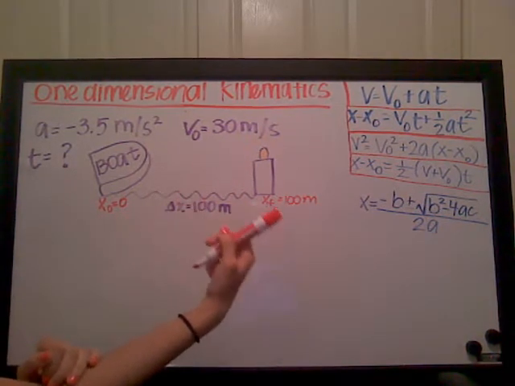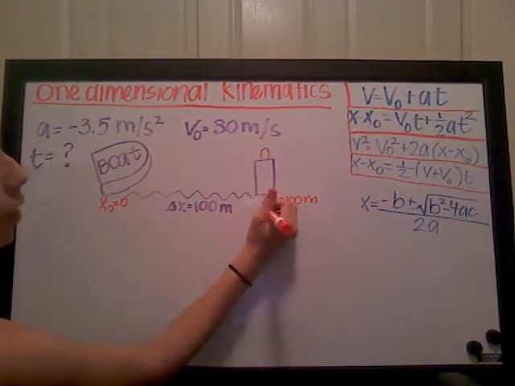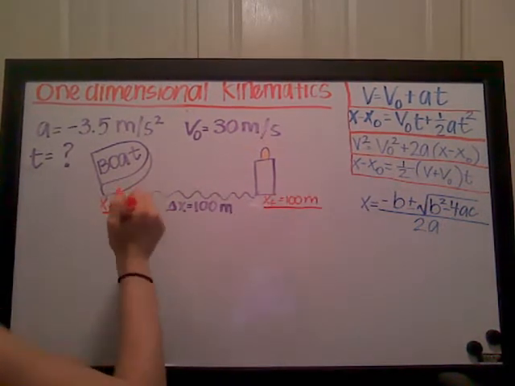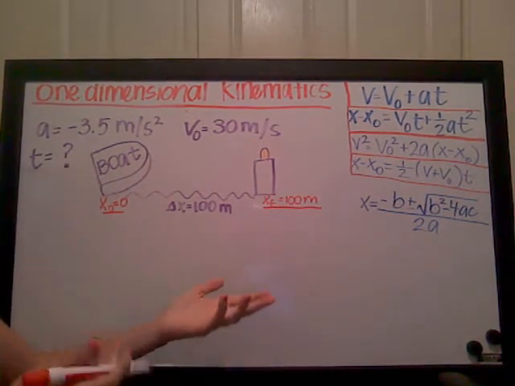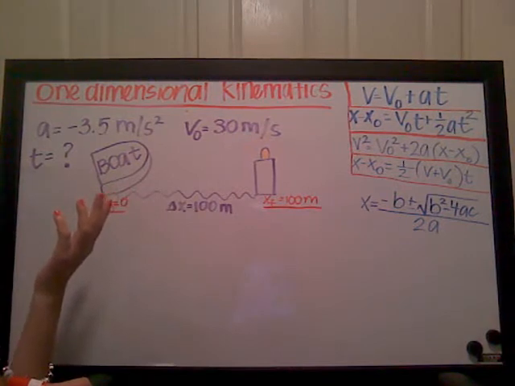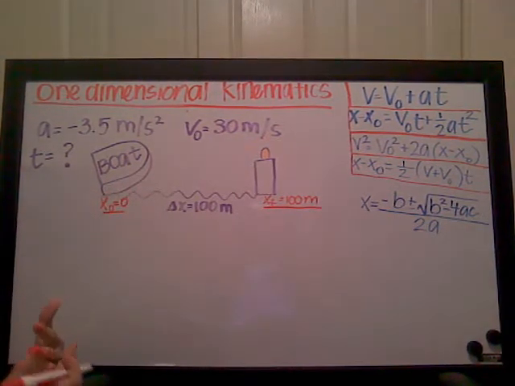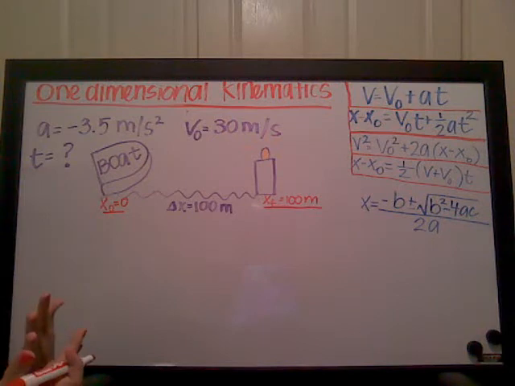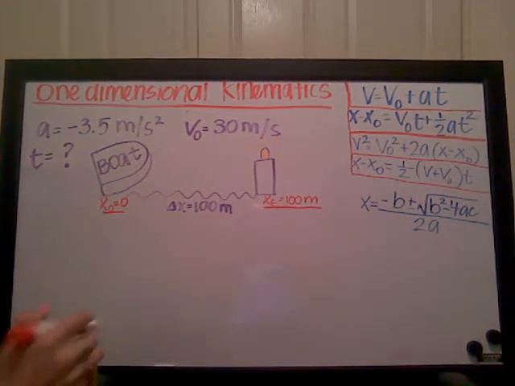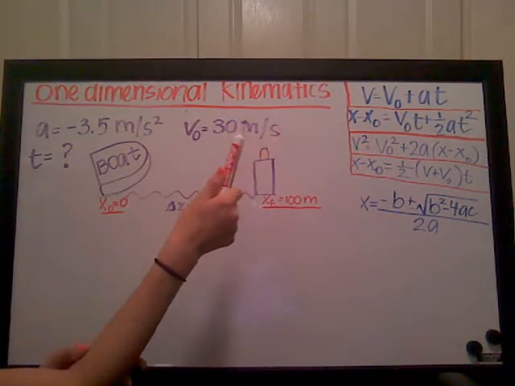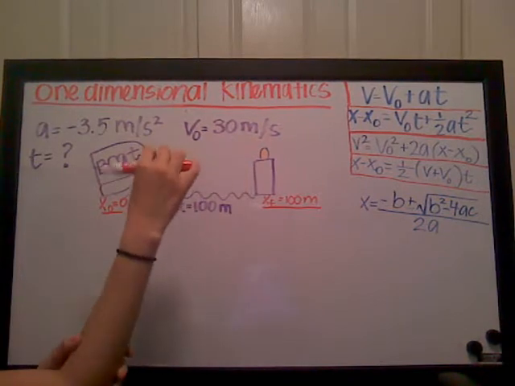The final velocity would be right here when it reaches the lighthouse. We're not given a final velocity. We know it's slowing down because of the acceleration, but we don't know the magnitude of that velocity. So just by looking at our equations here, we're going to find an equation that does not include the final velocity.